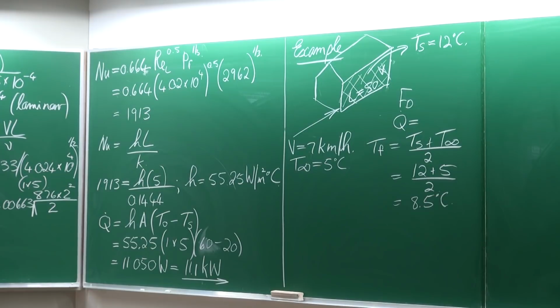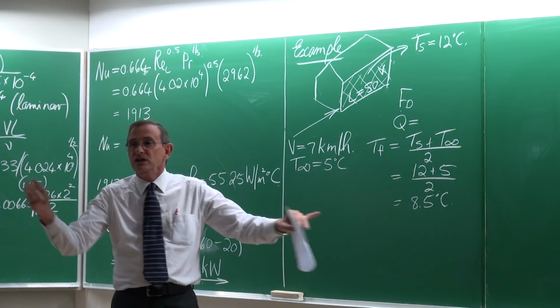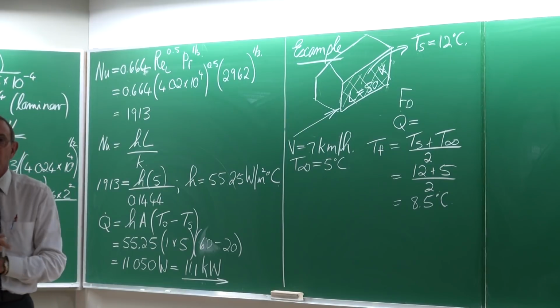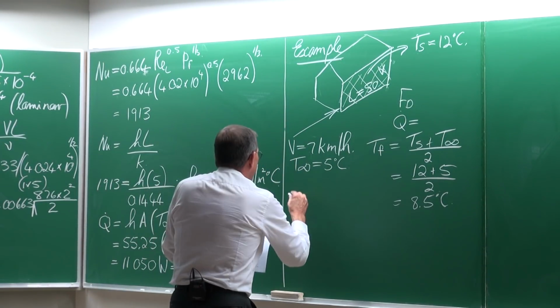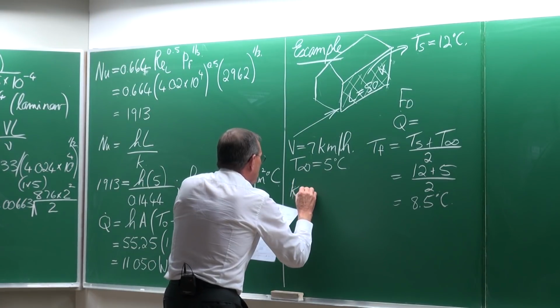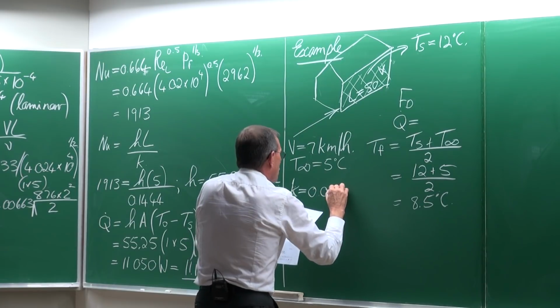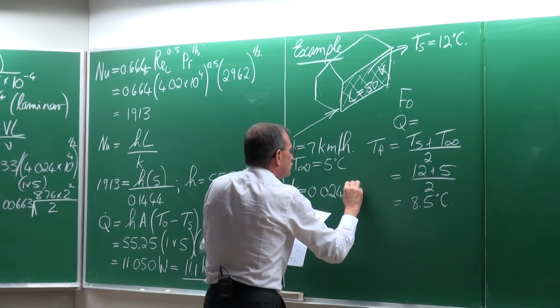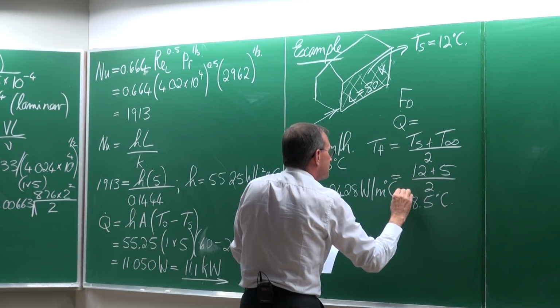In the previous problem, we looked at the properties for oil, and now we want the properties for air. So you need to go to the necessary table for air, and at the temperature of 8.5, there you will find that the thermal conductivity K is equal to 0.02428 watts per meter degree Celsius.